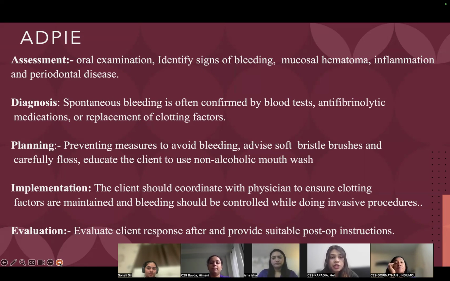Advise soft bristle brushes and careful flossing. Educate the client to use non-alcoholic mouthwash. Implementation: the client should coordinate with the physician to ensure clotting factors are maintained and bleeding is controlled while doing invasive procedures. Evaluation: evaluate client response after and provide suitable post-op instructions.